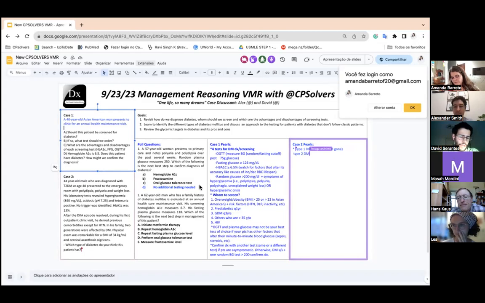After that there's type 1B, which is idiopathic, and we usually don't detect autoantibodies in there.